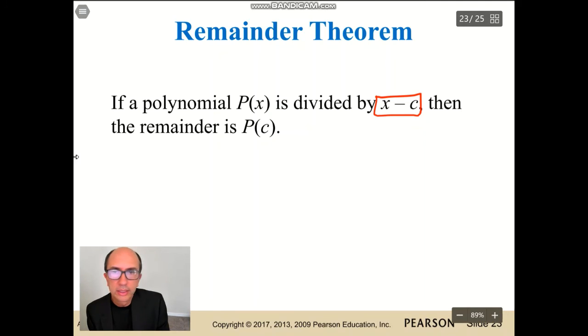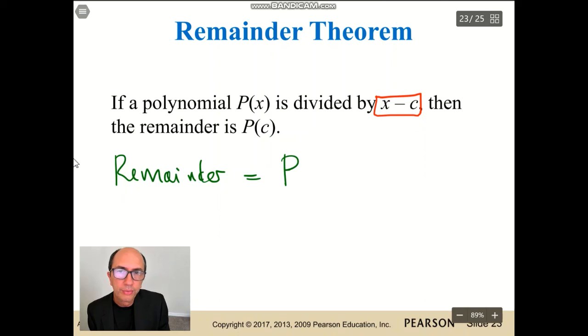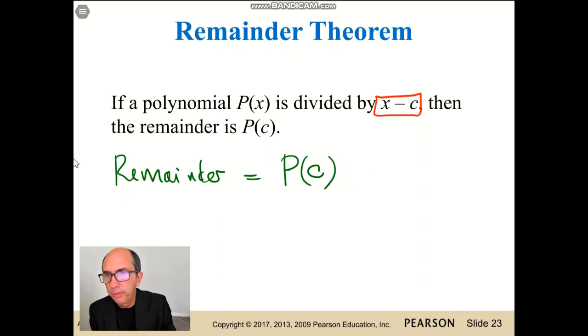The remainder is going to be equal to the polynomial that you are dividing when you plug in the number c. Let's understand with an example.